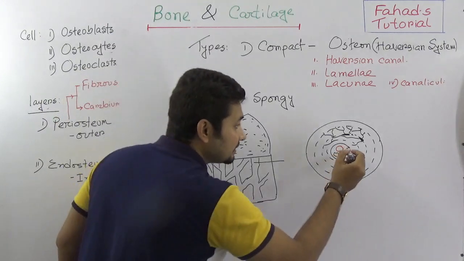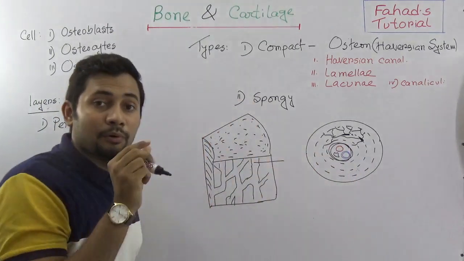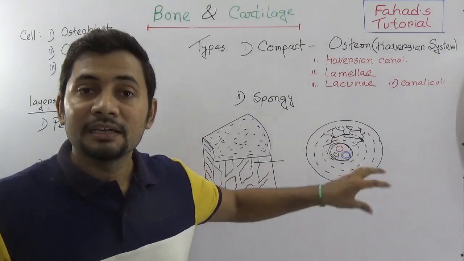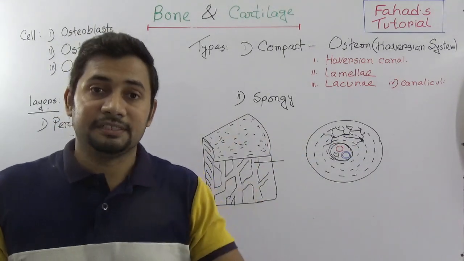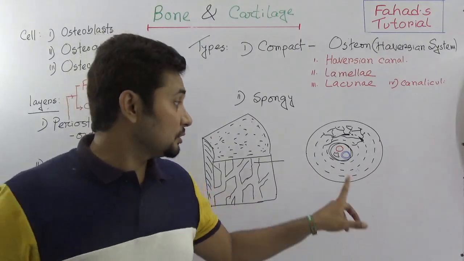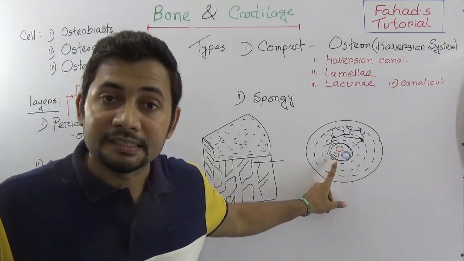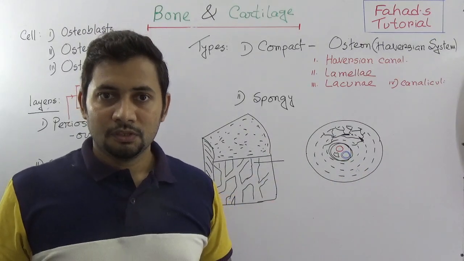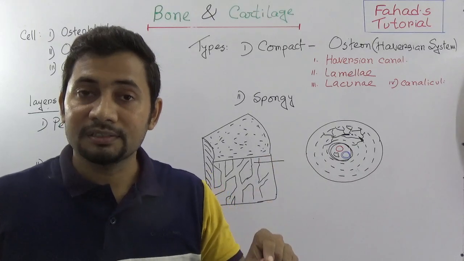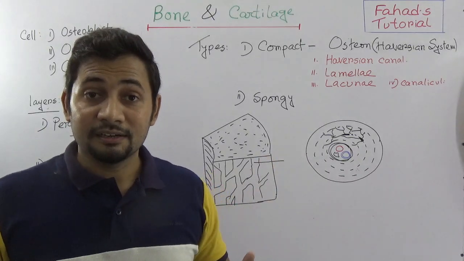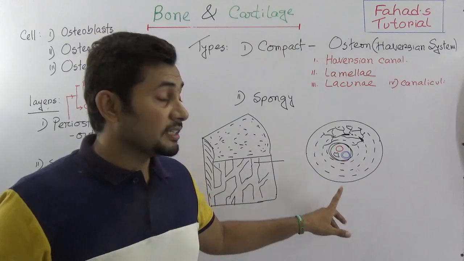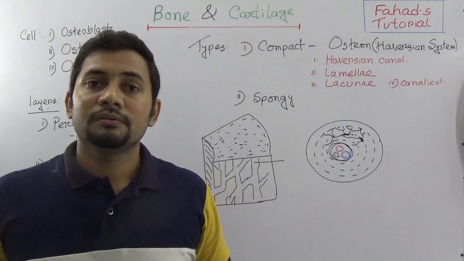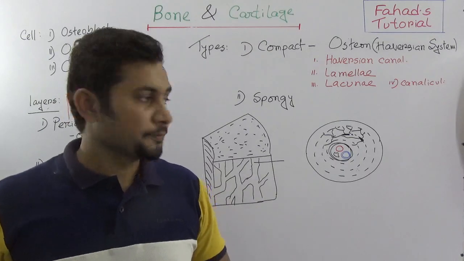So inside bones, if we look closely, we will find this Haversian canal, which is enriched with blood vessels and also lymphatic vessels, and it has nerve endings inside, and that is why bones are sensitive. If any damage occurs in bones, you can definitely feel it, but cartilage has no nerve endings attached, so cartilage is insensitive.